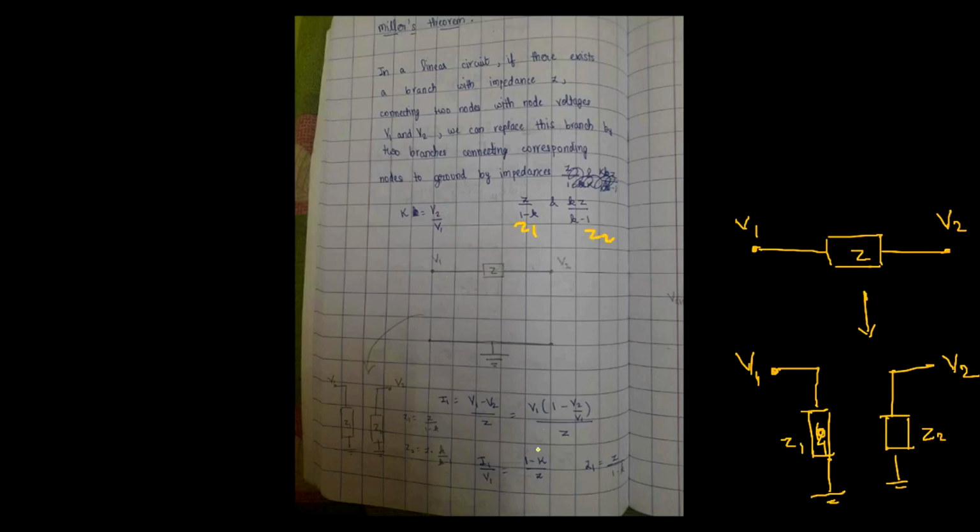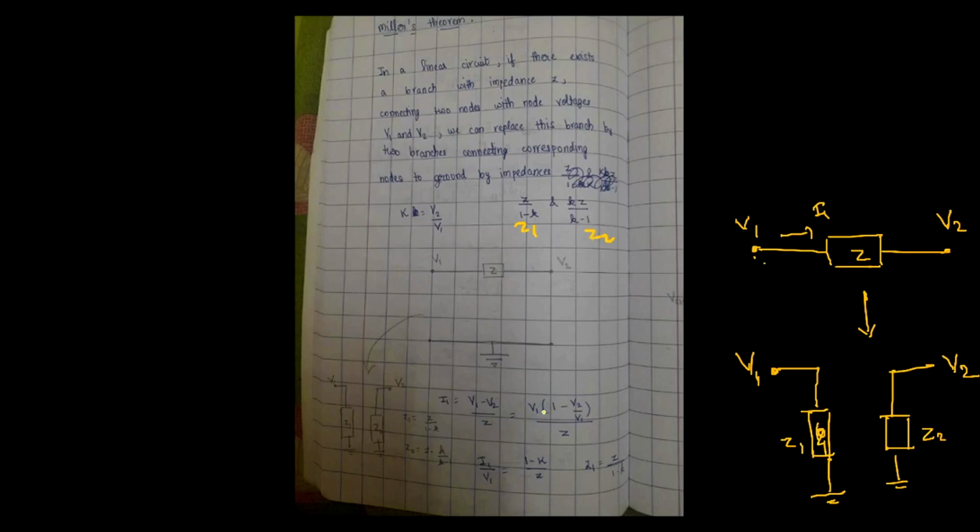So how do I express my impedance in terms of K? The current flowing through this impedance is I1. Let's say it flows from V1 to V2. So I write it as V1 minus V2 divided by Z, the potential difference divided by the impedance.